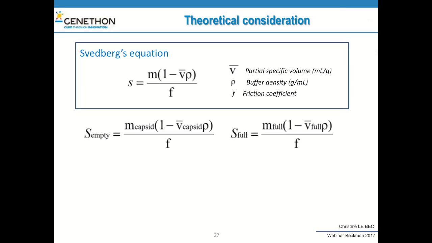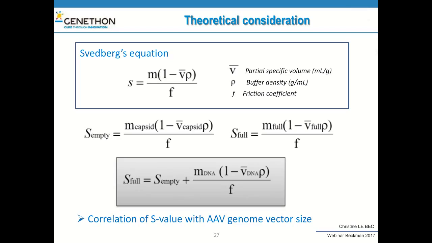The S value of the full particle is related to the mass of the full particle, so the mass of the capsid and the mass of the DNA. If you combine these two relations, you can see that the S value of the full particle is correlated to the AAV vector genome size, to the mass of the DNA.